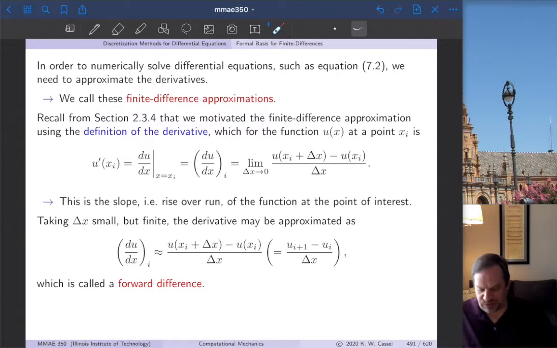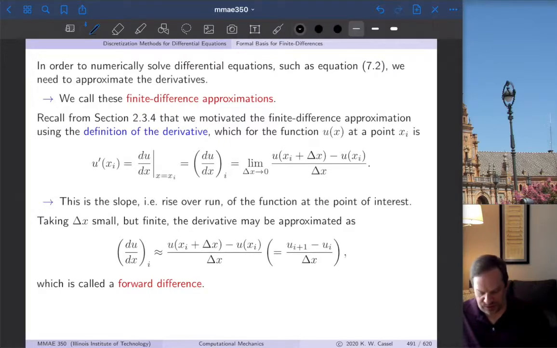So in the finite difference context, we're not going to take it all the way to 0, in order to get an approximation. We have the same rise over run here, but no longer taking a limit. So delta x will be small, but not all the way to 0. And we'll use a similar shorthand: u of x sub i will be denoted as u sub i, and u of x sub i plus delta x will be denoted by u sub i plus 1.